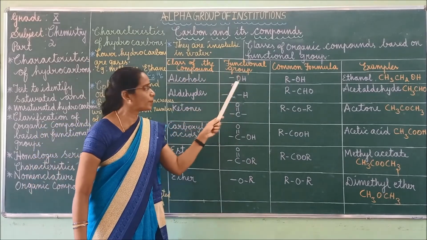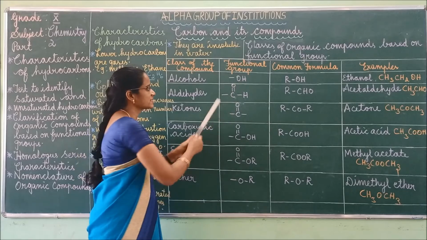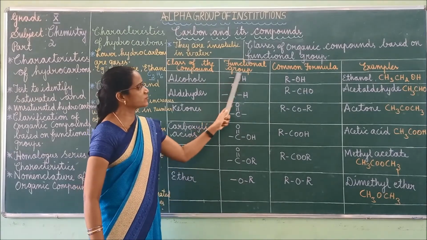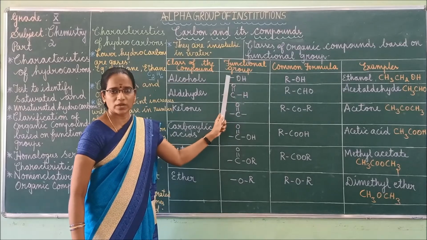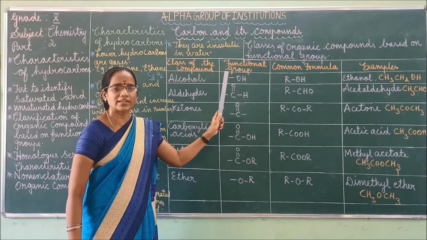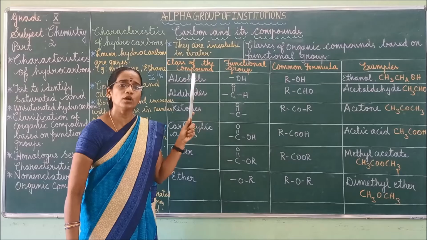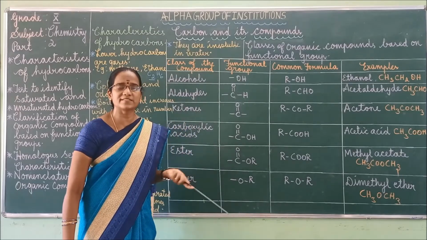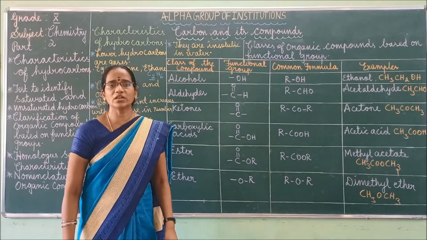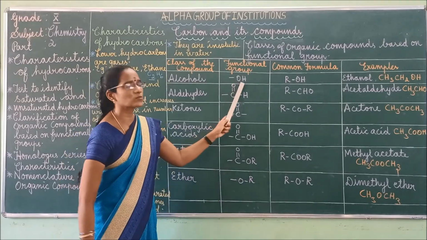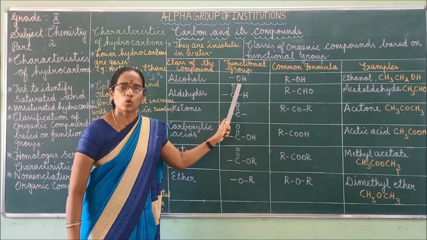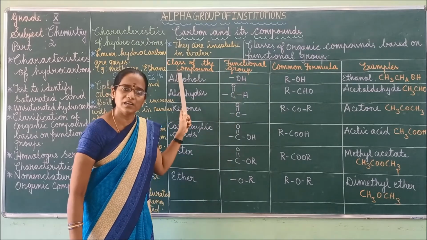Its functional group is -OH. I told you atoms or groups of atoms make the compound highly reactive and decide the general properties of the organic compound. So this OH is the functional group, and OH means it indicates an alcohol.